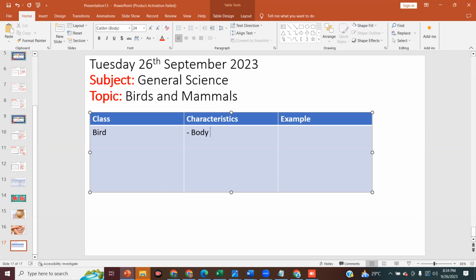So what are their bodies covered with? Feathers. Right? Bodies are covered with feathers. And what are their legs covered with? Scales. Skin. Okay, so their body is covered with feathers.